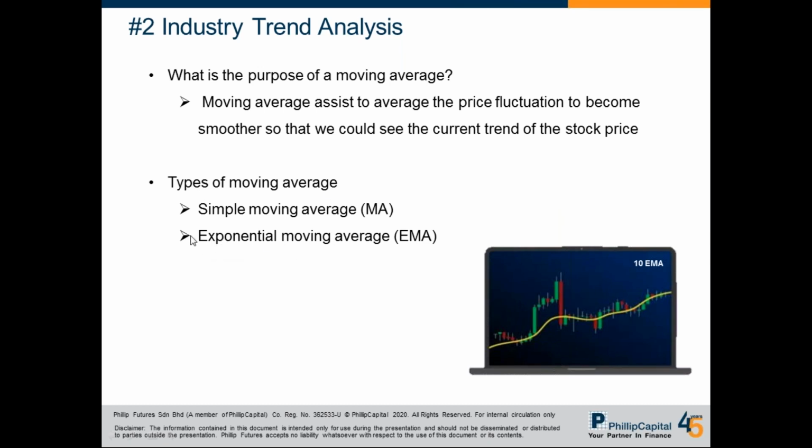Now, the second one will be the exponential moving average. A lot of people just tell you MA, EMA, but you do not know what the difference is. So EMA basically means that the weightage it takes to calculate that moving average line on the 10th day is higher than the weightage of the 9th day or the 8th day. So the closer the date, the higher the weightage, which is the exponential part. This is why the word exponential.